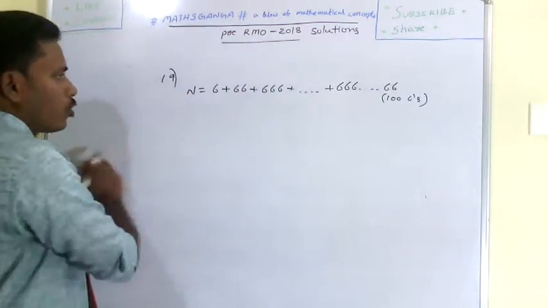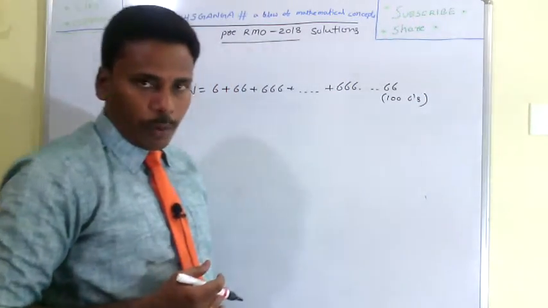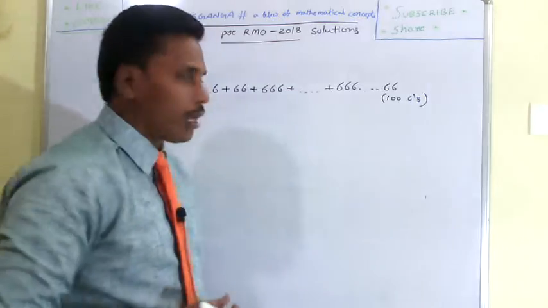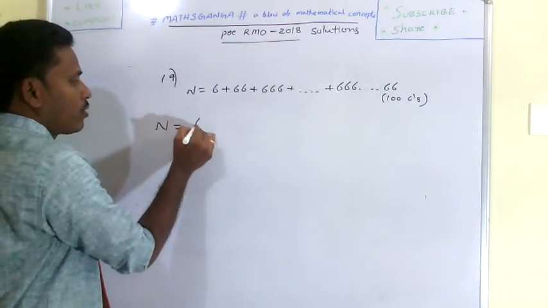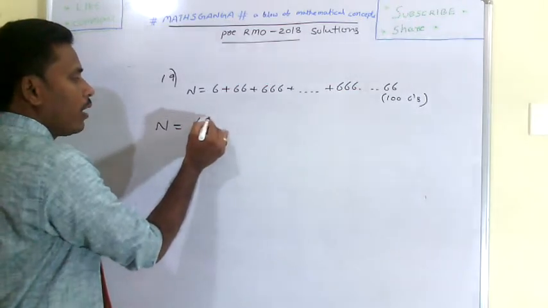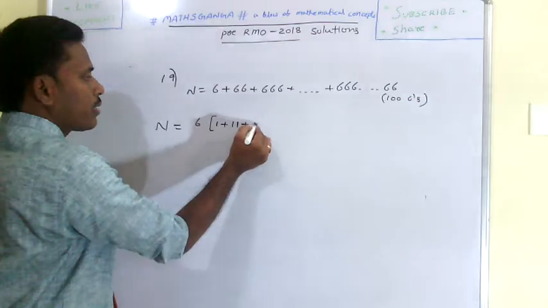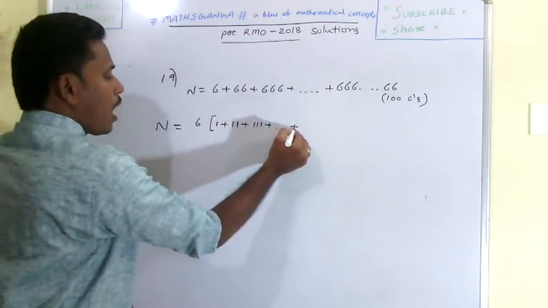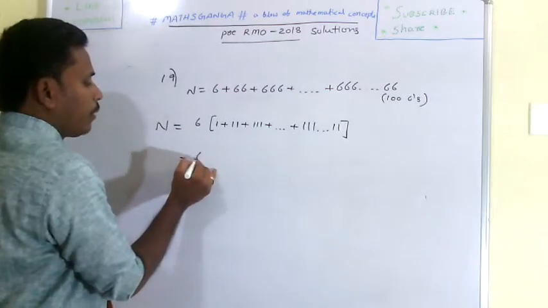See, how can we do it? Usually we come across this type of problem in usual board examinations and in different competitive examinations also. So n is equal to, if you just take out 6 as common, we have 1 plus 11 plus 111 plus and so on. And then divide by 9 and then multiply by 9.